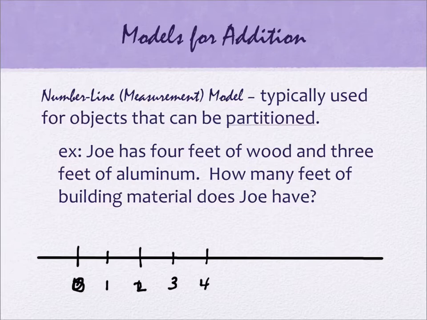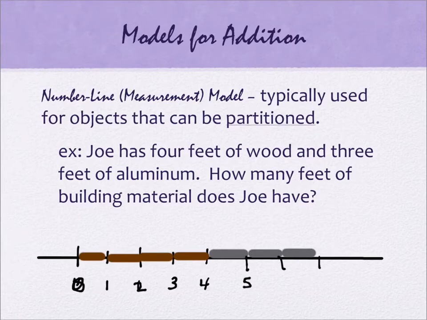So here's my 4 feet, and I can actually draw in, visually speaking, my pieces of wood. I'll draw them in brown. So here's 1 foot, 2 foot, 3 foot, and 4 foot. I have 4 feet of wood. You can almost think of it like planks of wood, but that's not necessarily broken apart. And then I have 3 feet of aluminum. So I will take the same idea and I'll mark out 1 foot, 2 foot, and 3 feet of the aluminum.